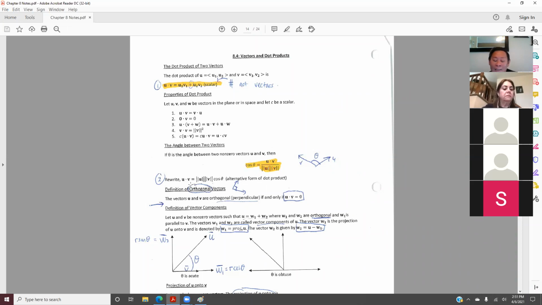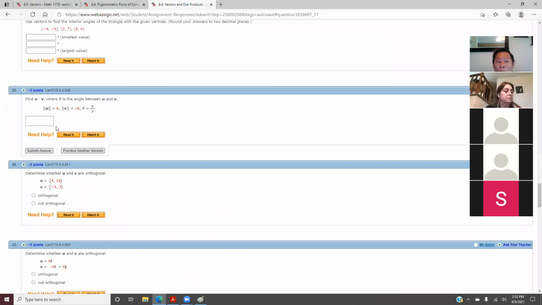I didn't highlight this in yellow because it's not as important. This is only used if you know the magnitude of u, the magnitude of v, and the angle theta that forms between u and v.